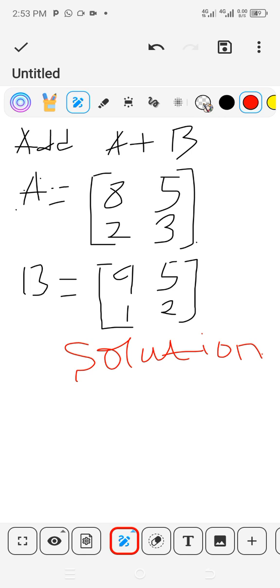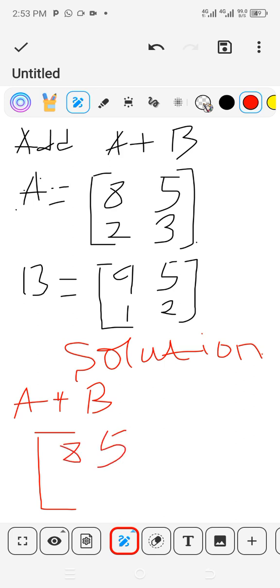A plus B. We are basically adding the elements of matrix A plus the elements of matrix B. The elements of matrix A, we have 8, 5, 2, 3.